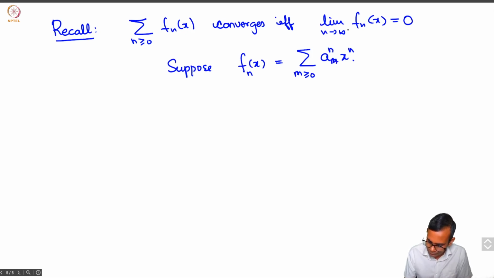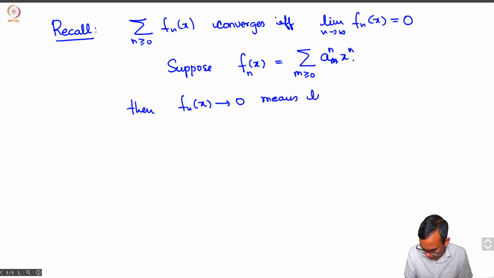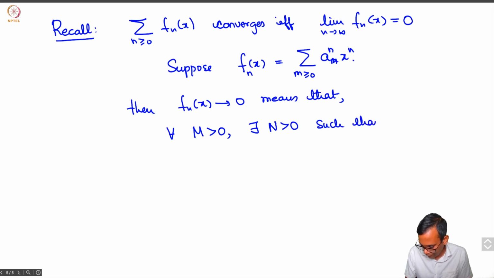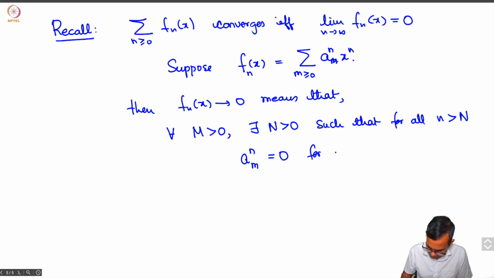Then this condition that the limit as n tends to infinity of f_n(x) is 0 is the same as saying that for every m greater than 0, there exists a capital N greater than 0, such that for all n greater than N, a_{m,n} equals 0.